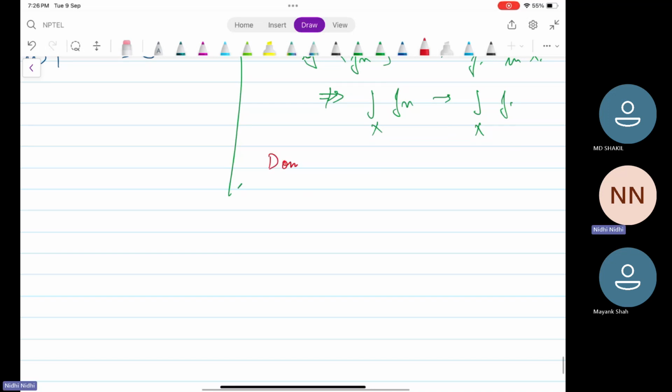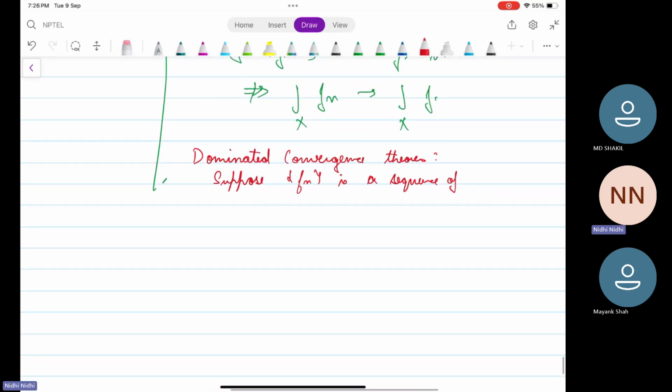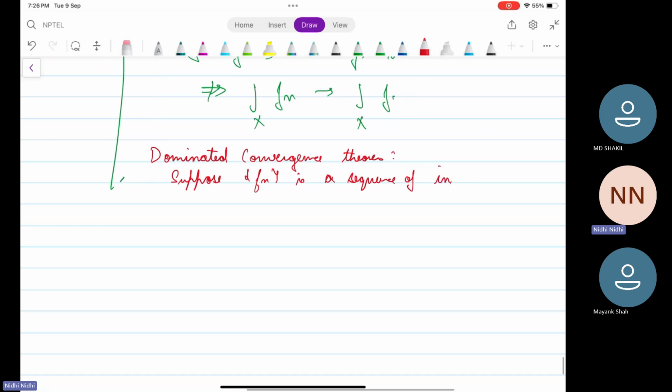The dominated convergence theorem says that suppose fn is a sequence of integrable functions such that, first, fn(x) converges to f(x).